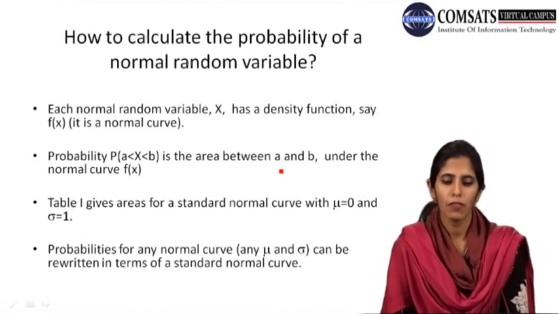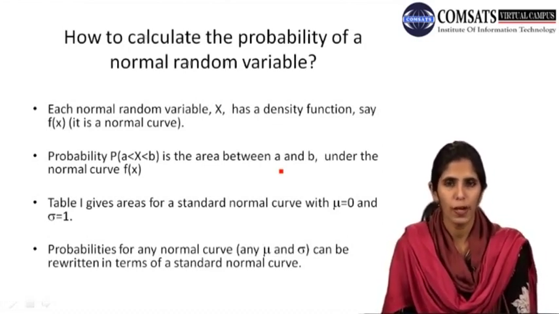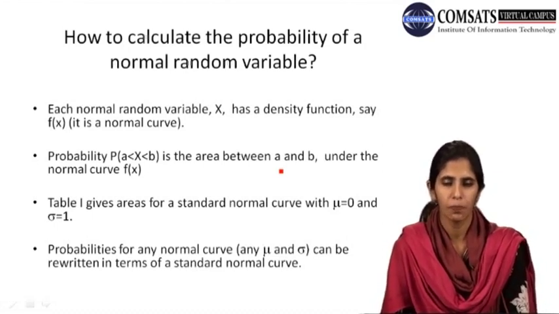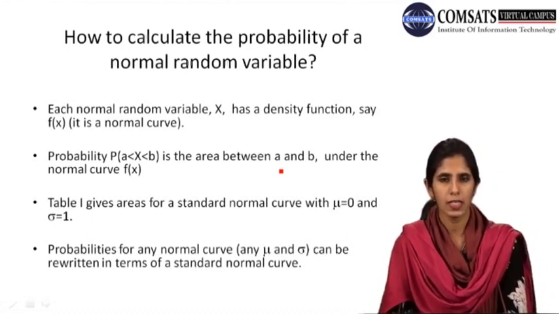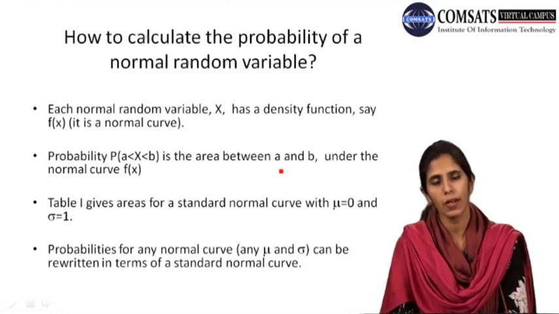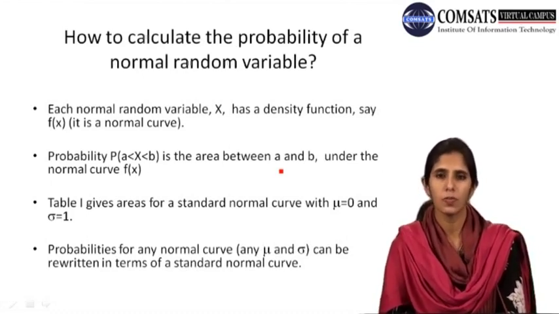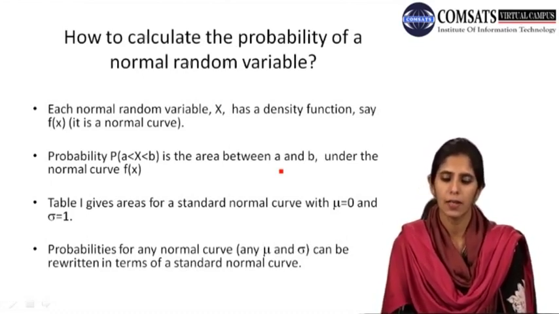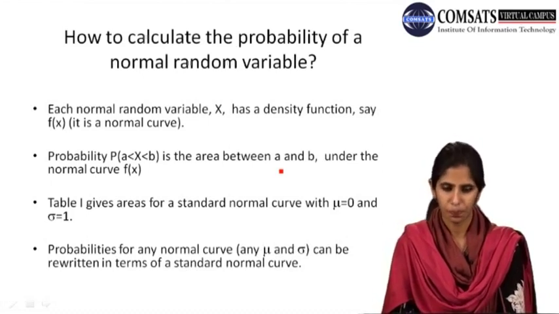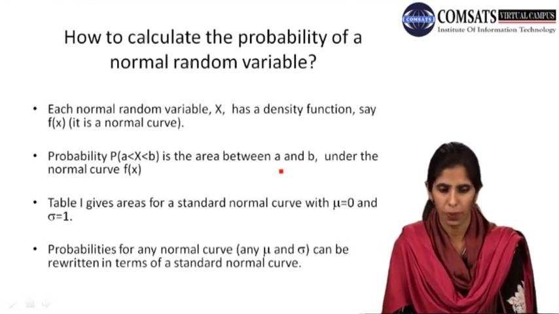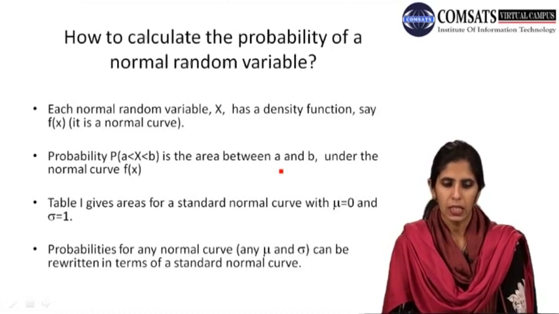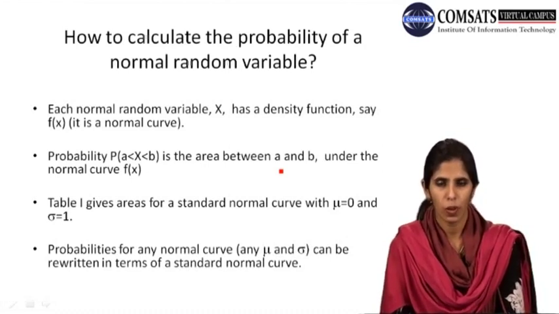Then the probability of x lying between 2 points a and b, where a is the minimum point and b is the maximum point, and we are interested in knowing the difference between 2 points, that is the area between 2 points, is the area under the normal curve of f of x. The table 1 which we are about to see gives a standard normal curve with mu equal to 0 and sigma equal to 1.